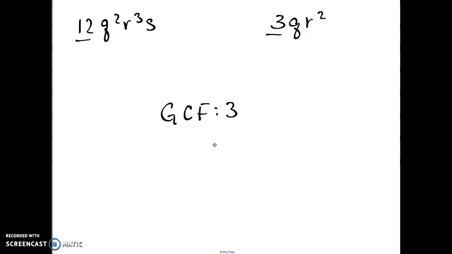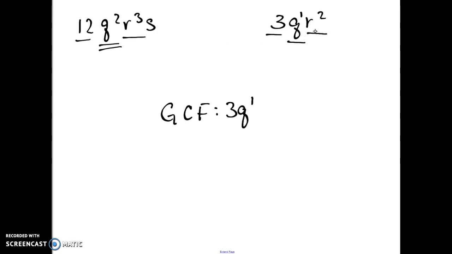Now if I look at the q squared piece and the q piece, if I think of these as two different exponents, q to the first power is a lower exponent than q squared. So q to the first is going to be the largest that can go in. I have r squared and r cubed.